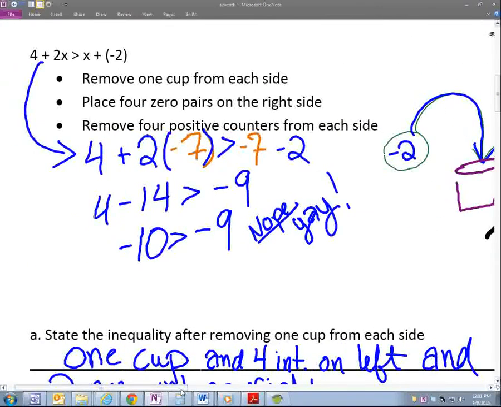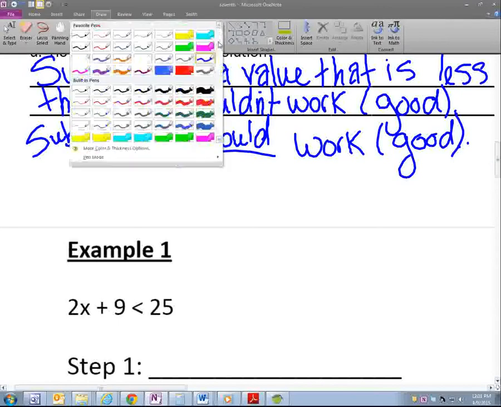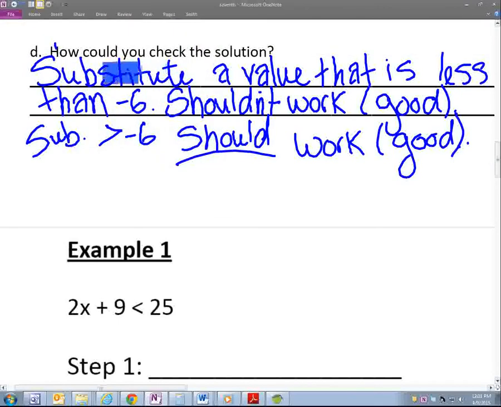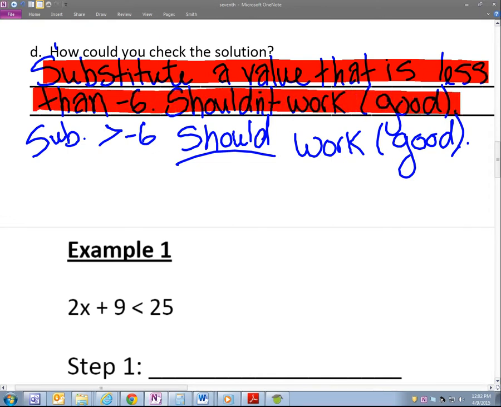That's how it's supposed to happen, because I asked you, is that what we wanted or not? So we substitute a value that is less than -6, and it shouldn't work. That's what we just checked.